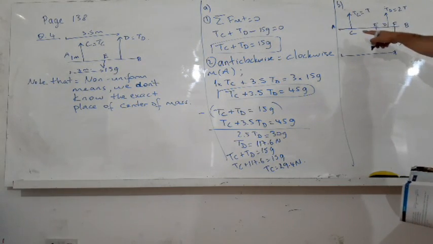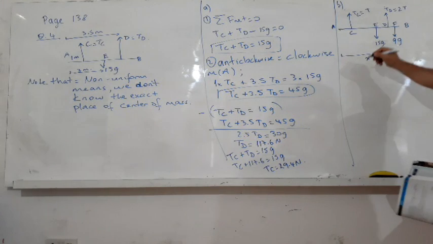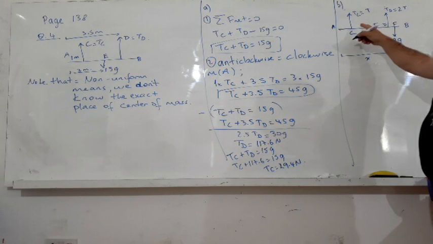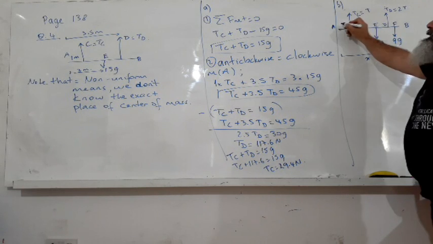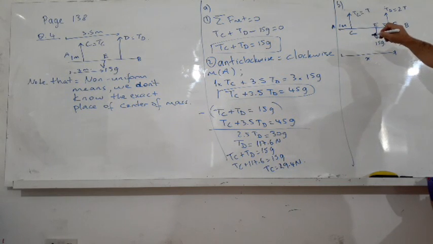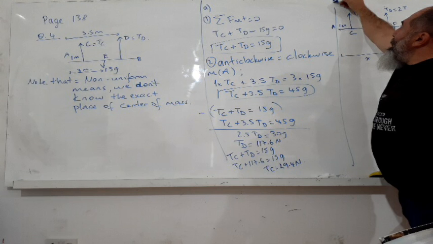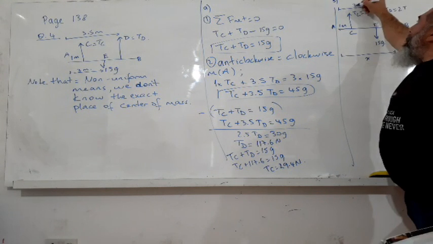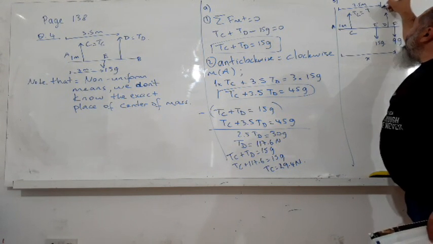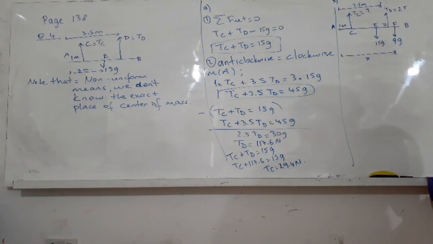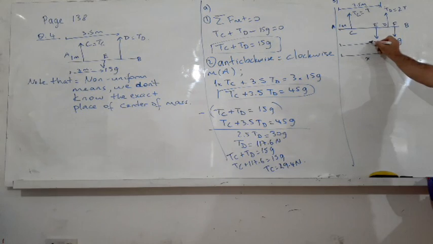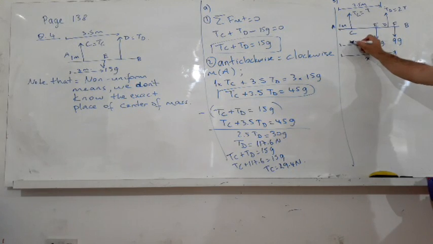Do we know the distance between A and C? Yes, it is 1 meter. Do we know the distance between A and D? Yes, it is 3.5 meters, already given in the question, and between A and E it is 3 meters. So, calculate the distance AF.